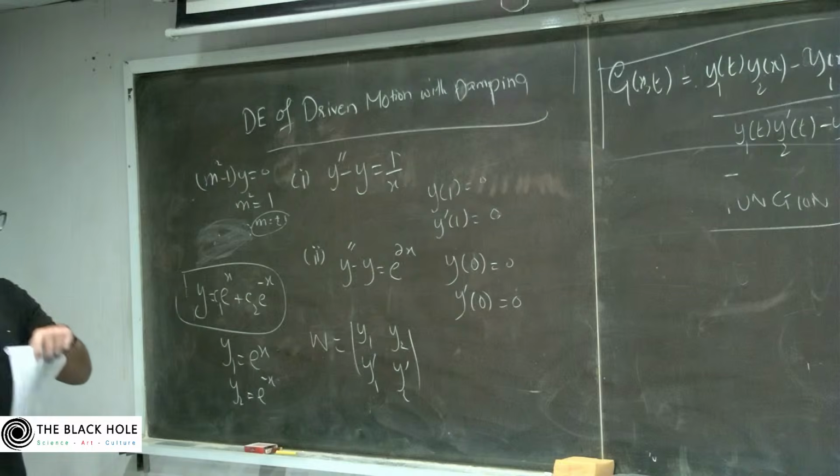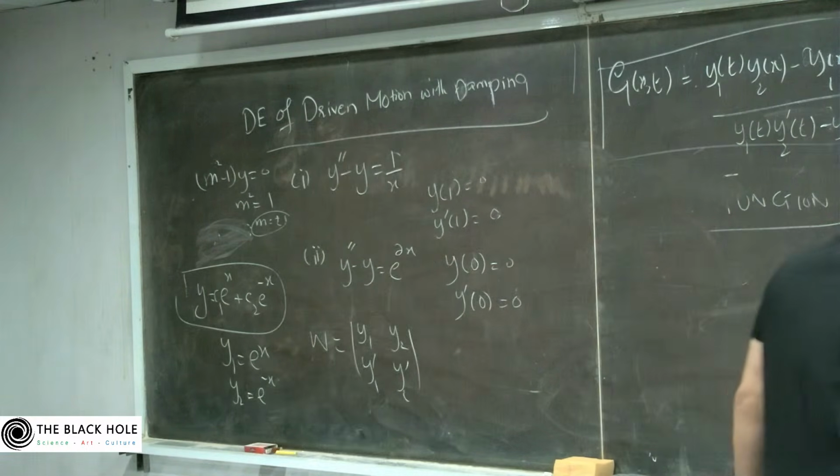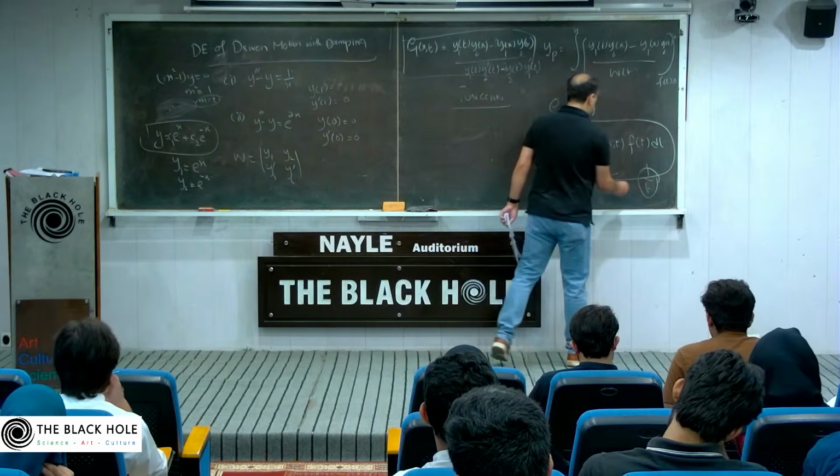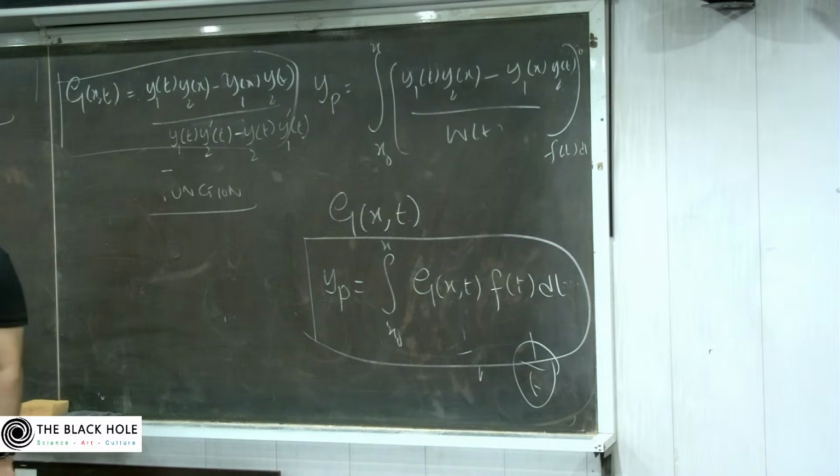So the only thing that will change over here is that in this particular case it will become 1 over t, and in the other case it will become e raised to power 2t.